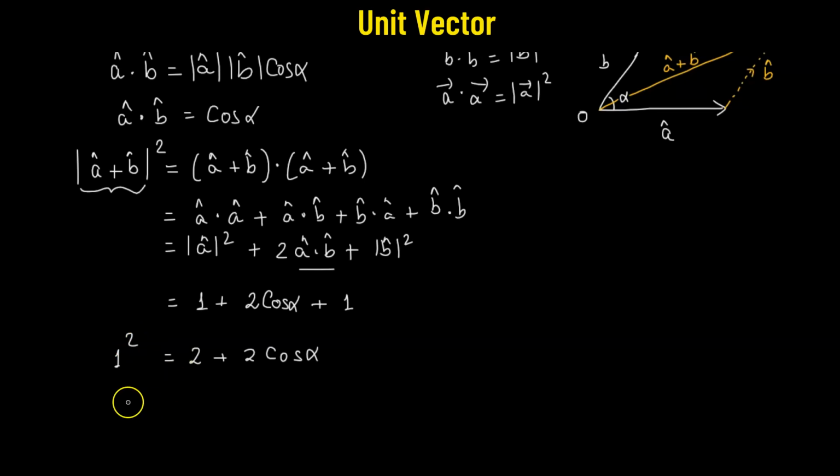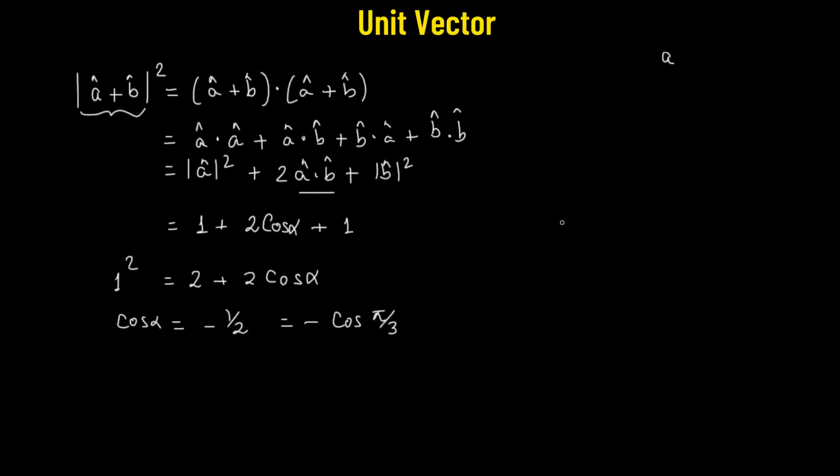Now when we solve for cosine of alpha, it will be equal to negative half. Now how do you find the value of alpha? The half will be cosine of pi over 3. So that's when it is half. Now we need to take care of this negative sign as well.